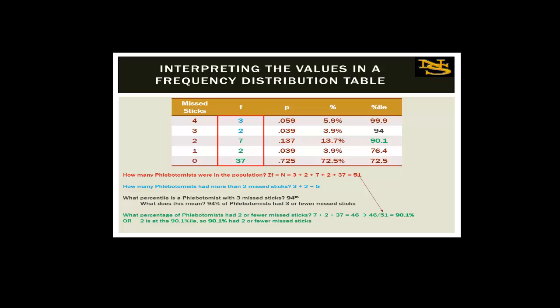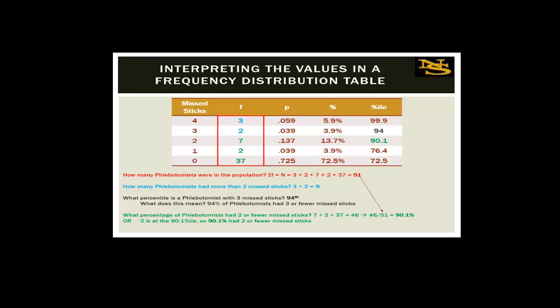What percentile is a phlebotomist with 3 missed sticks on a blood draw this week? Well, you could say, real quickly, let me find 3. Remember, we're looking at the score of 3. So this column here, 3, pertains to the 94th percentile. This means that 94% of phlebotomists had 3 or fewer missed sticks on a blood draw, or they're at the 94th percentile.